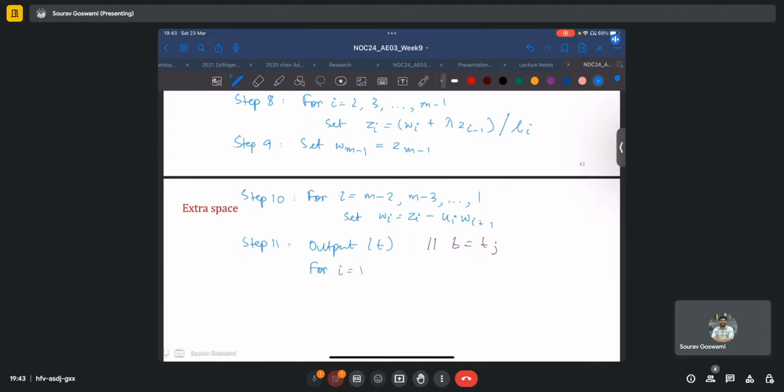For i equals 1, 2, to m minus 1, we set x equal to ih and also output the corresponding temperature. Wi is actually Wij.